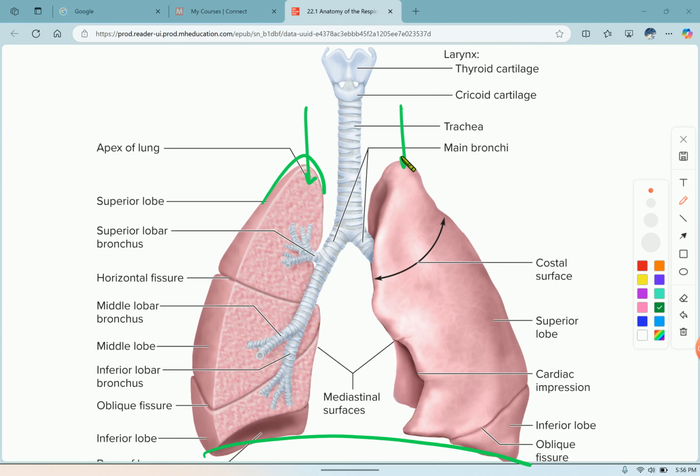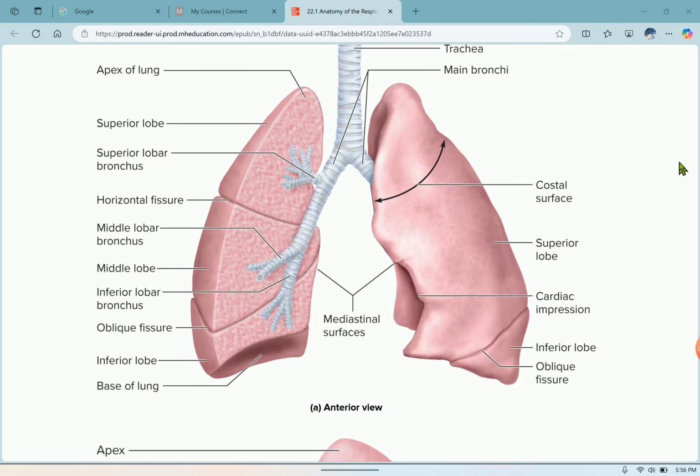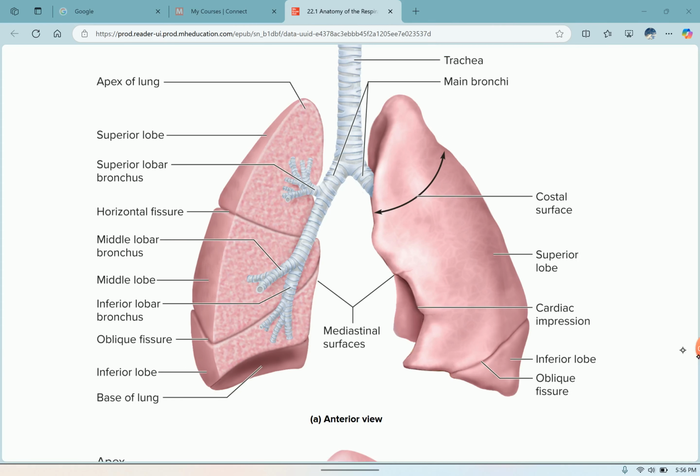So the apex of the lungs is the superior aspect, and the base of the lungs is the inferior aspect. You can see that here, there's the base of the lungs. And oddly enough, the diaphragm is also going to be in that area of that green line.